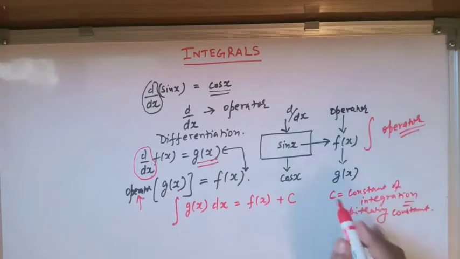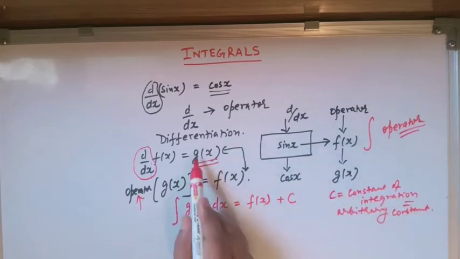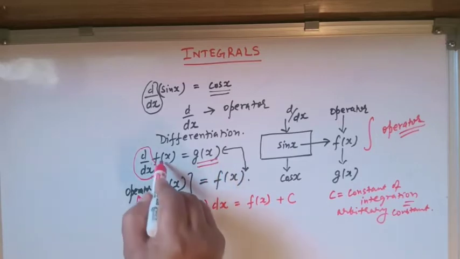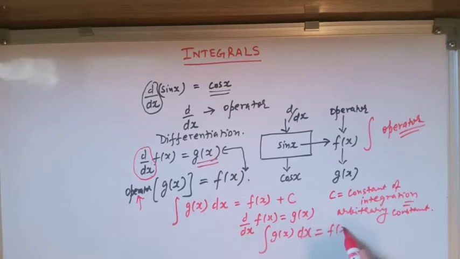Clear? And this operator is known as the operator of integration. So if we operate this function g of x with respect to x, we get f of x. Clear? So now let us summarize it. If we differentiate this function f of x, we get g of x, and when we integrate g of x with respect to x, we get f of x, and here we have the constant of integration.